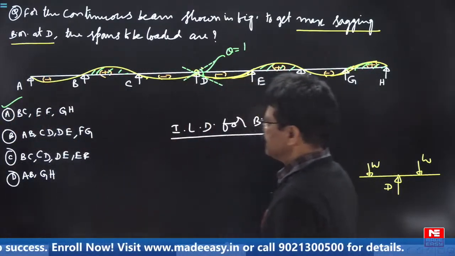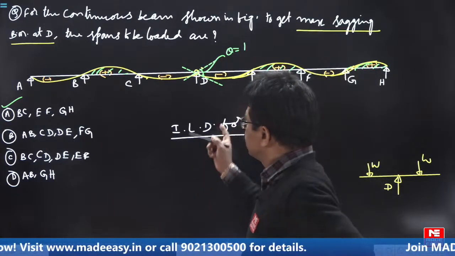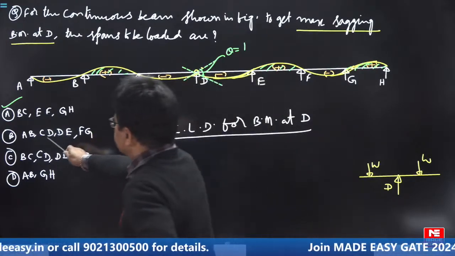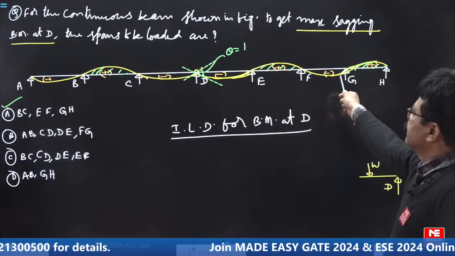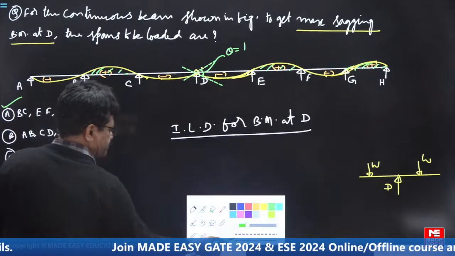BC, EF and GH. If at all they ask you to get maximum hogging bending moment at D, you must load span AB, CD, DE, FG. Where negative zone is there, you get maximum hogging bending moment.